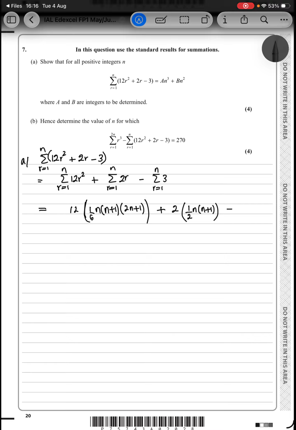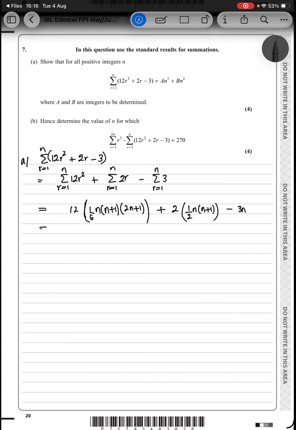We don't have any r terms such as r or r squared or r cubed. But we do know that the summation of a series of constant terms is equal to n. r equals 1 to n will be n. So in this case the summation is from r equals 1 to n, but we have a minus 3, so we have to multiply minus 3 by n.